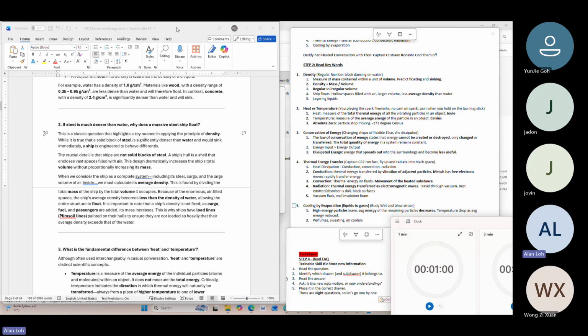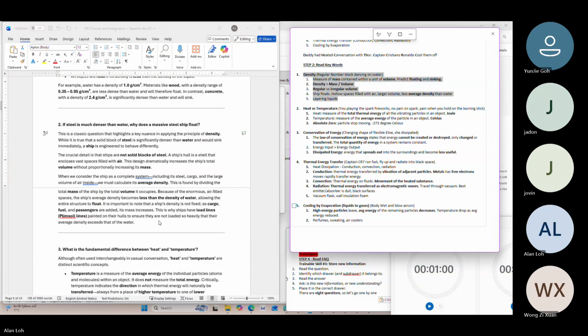Okay, done. Now I'm going to ask the same question to the same Jovin. Jovin, what is the new information that you think you have here against drawer number 1?